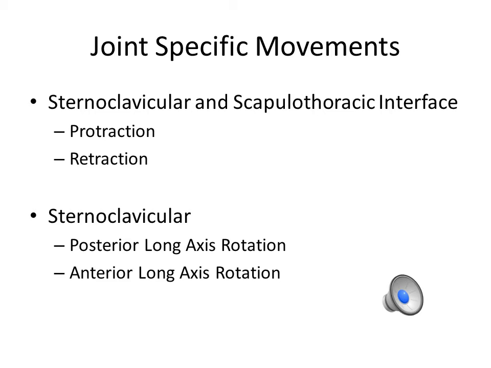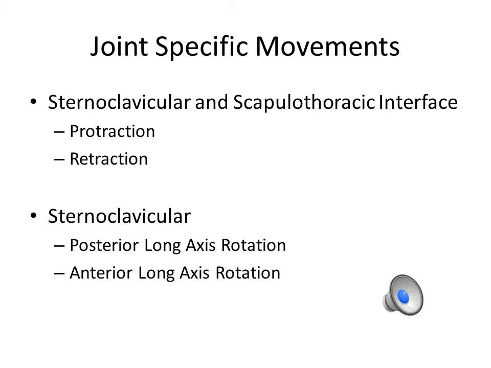Again, picture the clavicle as a pencil, and the clip of the pencil or pen is facing anteriorly. Posterior rotation would be where the pen is rotating so that the clip moves posteriorly.